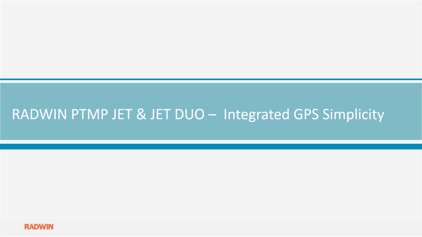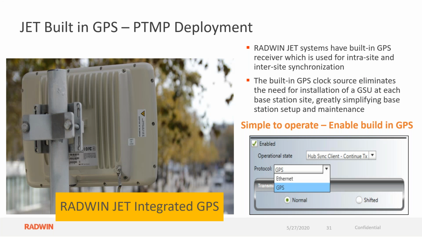Now, the JET point-to-multipoint platform has the GPS integrated, so it makes our life easier. If you have an entire deployment of point-to-multipoint JET, you just need to enable the integrated GPS.